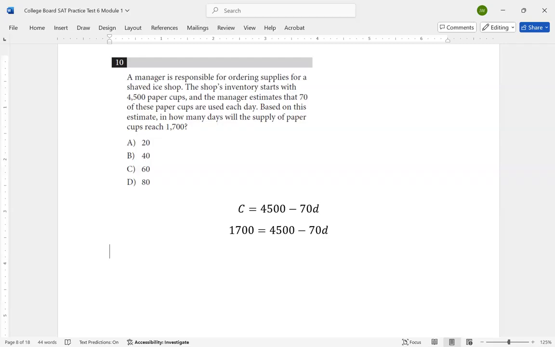We'd have to subtract 4,500 from both sides. You can also add 70D to both sides if you want your number of days to be on the left.